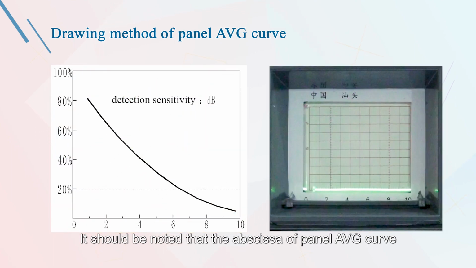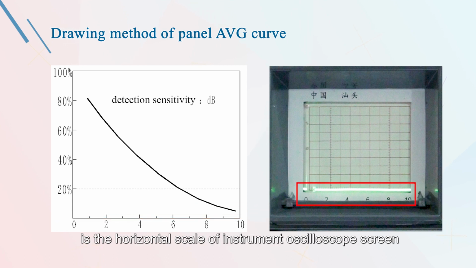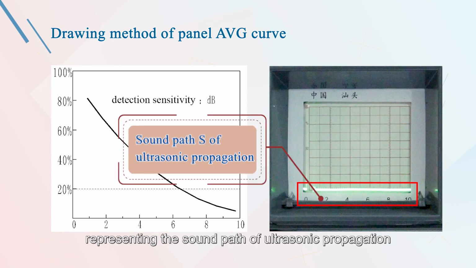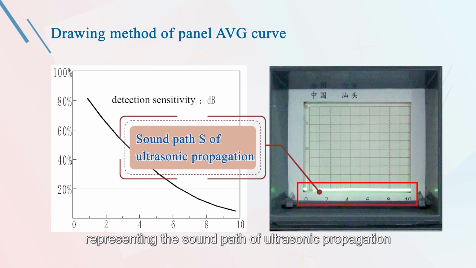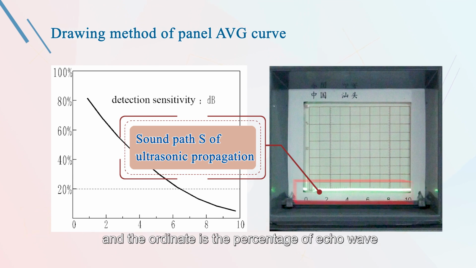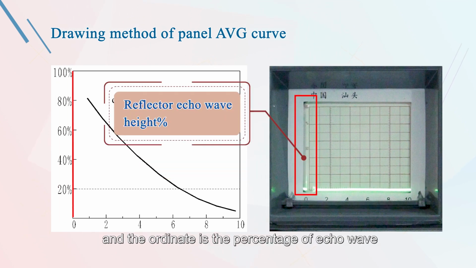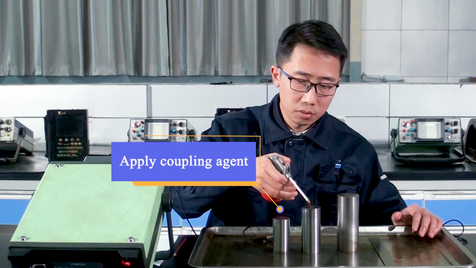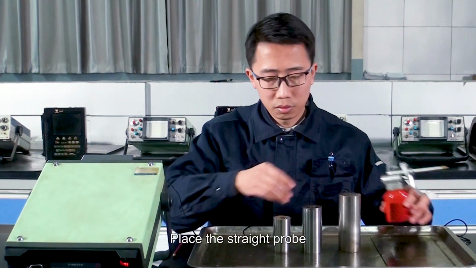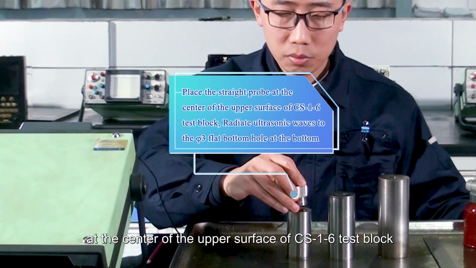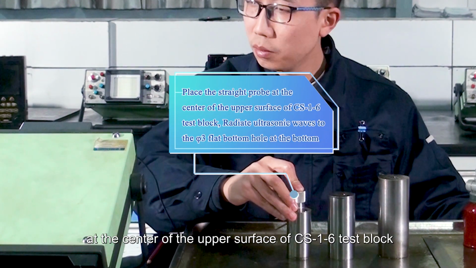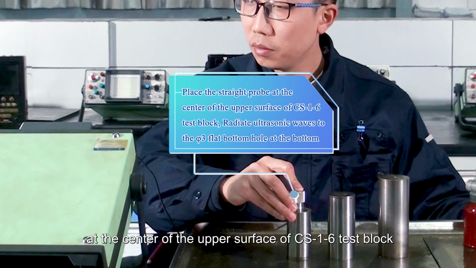It should be noted that the abscissa of panel AVG curve is the horizontal scale of the instrument oscilloscope screen, representing the sound path of ultrasonic propagation, and the ordinate is the percentage of echo wave height of a reflector. Place the straight probe at the center of the upper surface of the CS-1-6 test block.